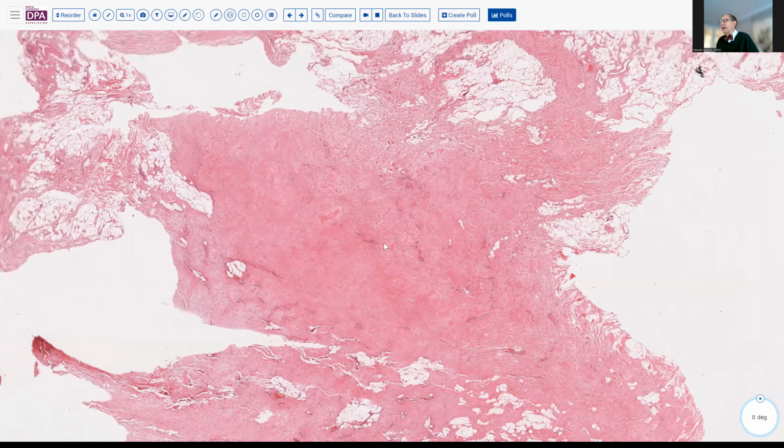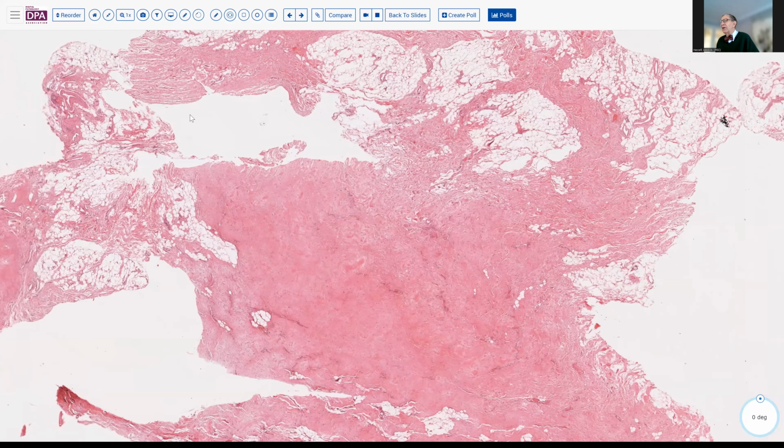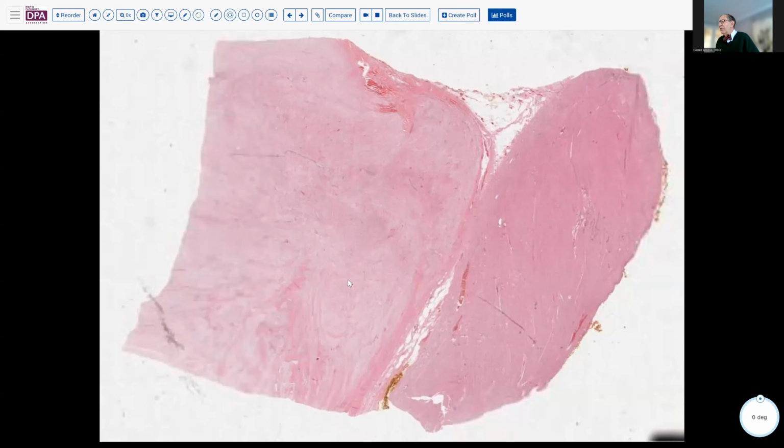But it's certainly not a lesion that needs to provoke additional therapy for any reason. But I want to include it here because it does enter into the differential sometimes with other lesions. And so if you get other lesions that occur in or around this area, you may be tempted to think about other lesions. So this is one of those lesions.